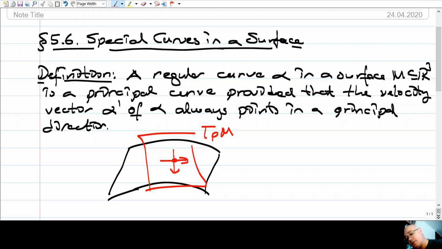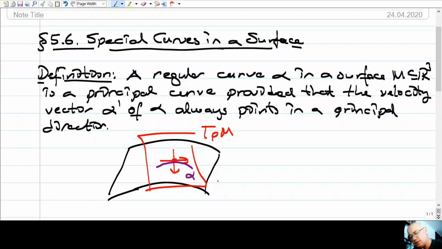So our curve will be so that at any point like this one, P, a principal curve is so that at this point it will be tangent to one of the two principal directions.